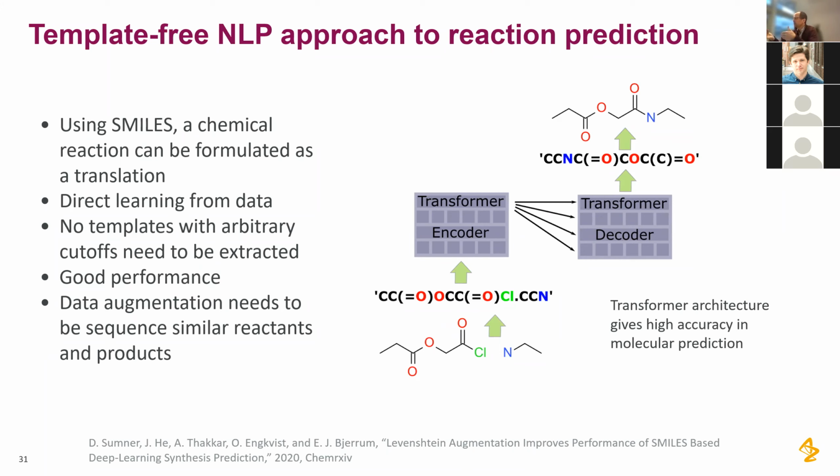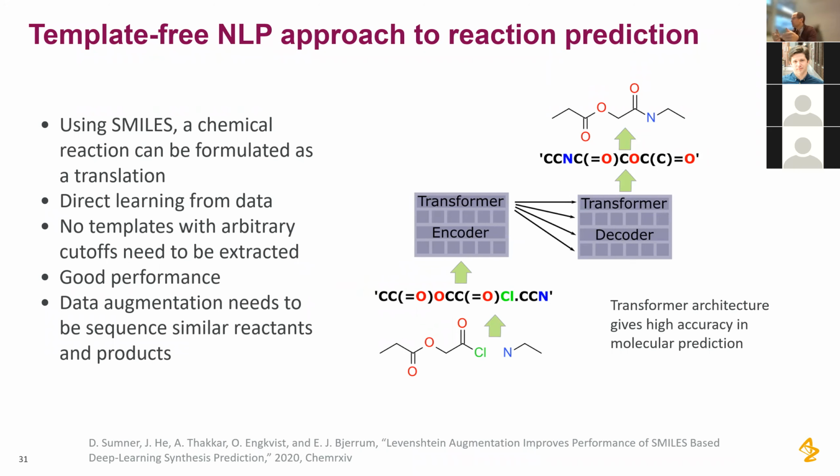That way, this neural translator will learn to recognize the possible groups that can react, and it will also know what kind of new structure it needs to have in the product. So if we train it on enough reactions, it will actually start to learn these rules of synthetic chemistry.